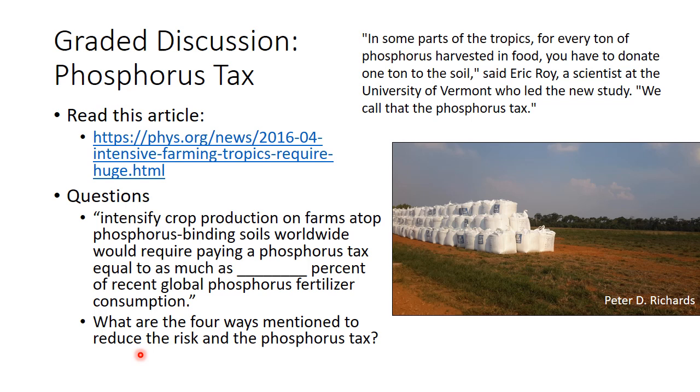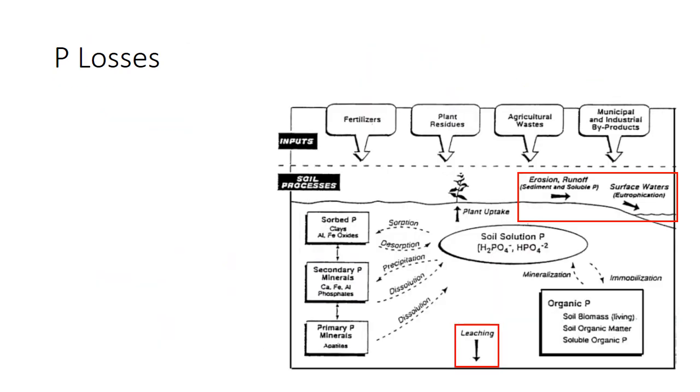And then also, I want you to identify what are the 4 ways mentioned to reduce the risk of phosphorus fixation and reduce this phosphorus tax. So there are 4 strategies that are identified in there. So read the article, post your discussion on Canvas, and I'll be curious to see what you say.